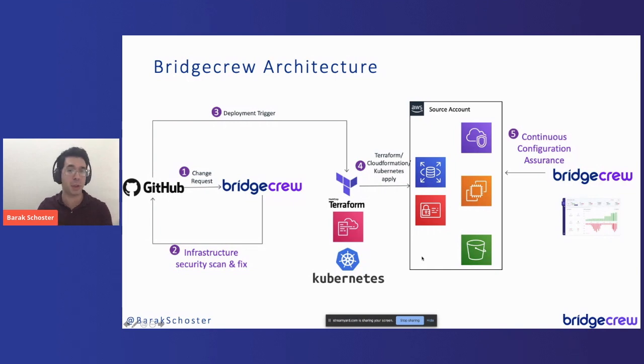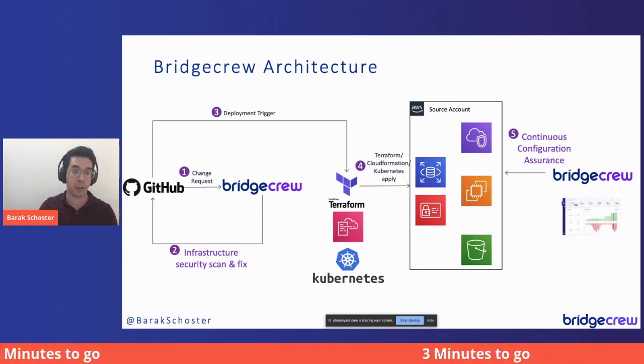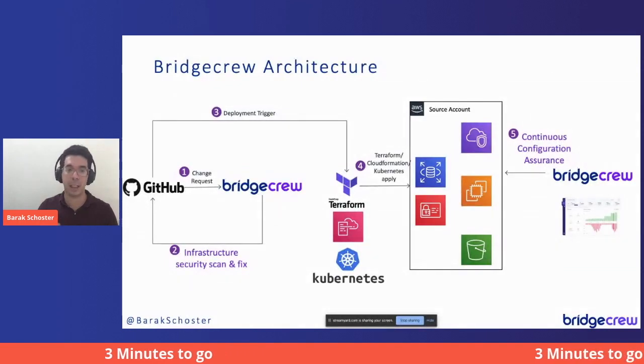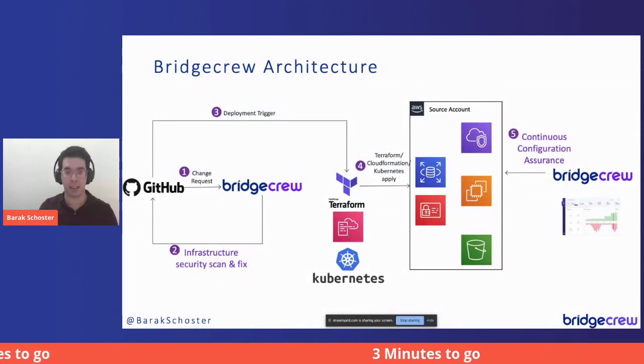From there, Bridgecrew will continue to monitor your production environment for any configuration changes that are either done using infrastructure code or manually by an admin that has access directly to the AWS console.